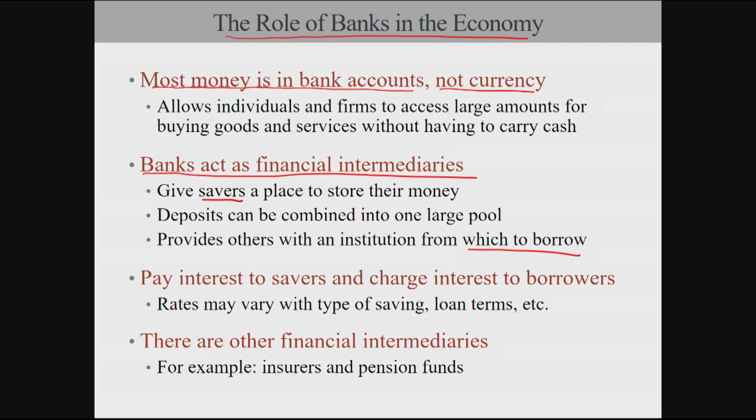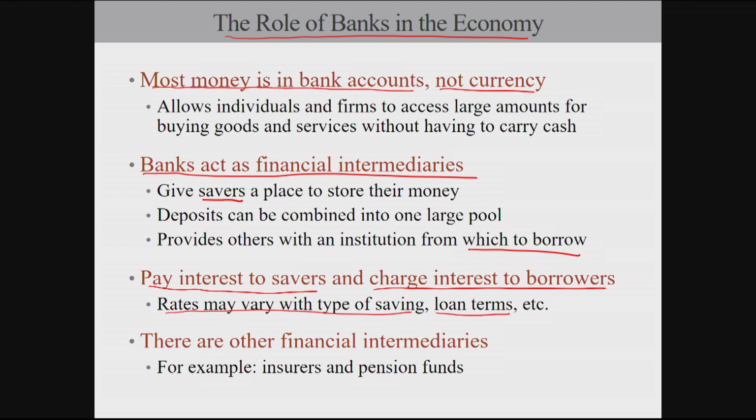They can use those savings to potentially make loans to other entities. And banks pay interest to savers and charge interest to borrowers. These rates may vary with the type of saving. We talked a little bit about this with the loanable funds market a few weeks ago. Rates may vary with the type of saving, with the loan terms, and so forth.